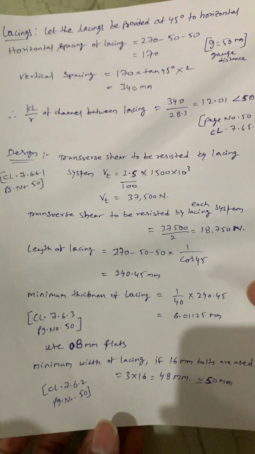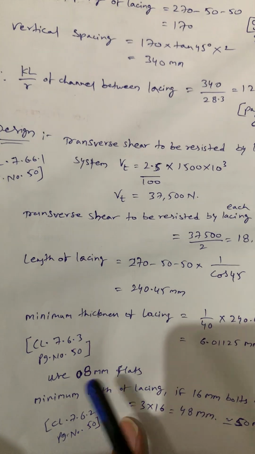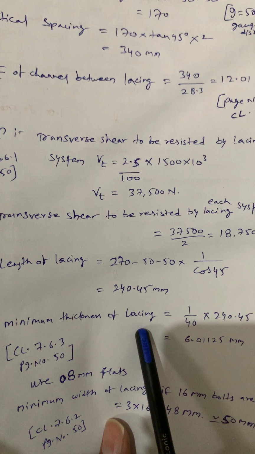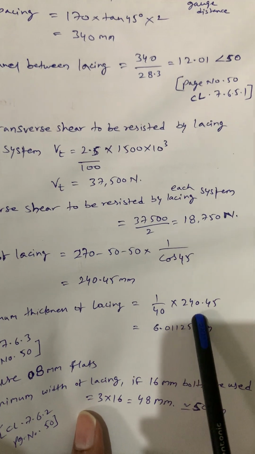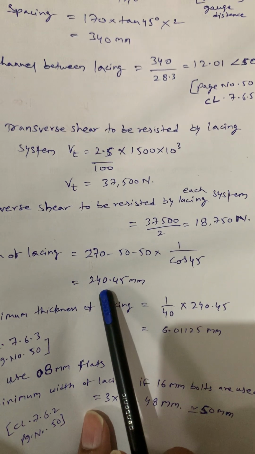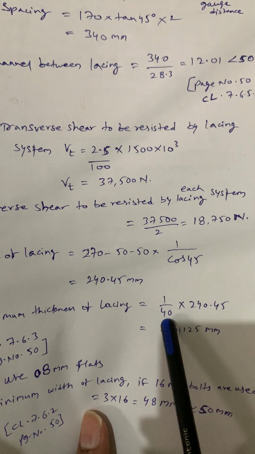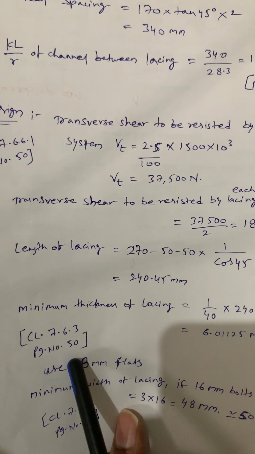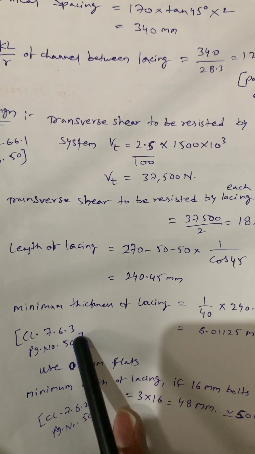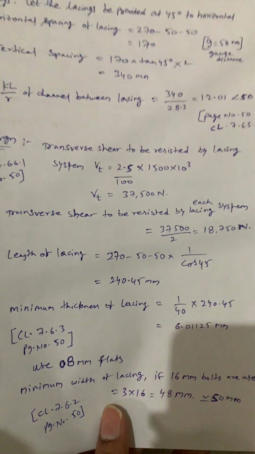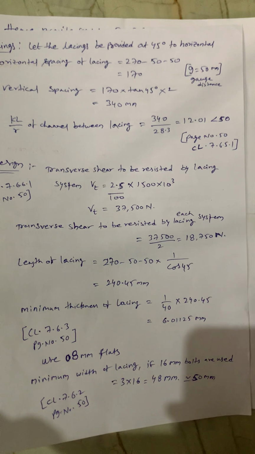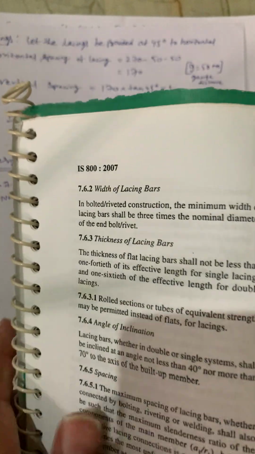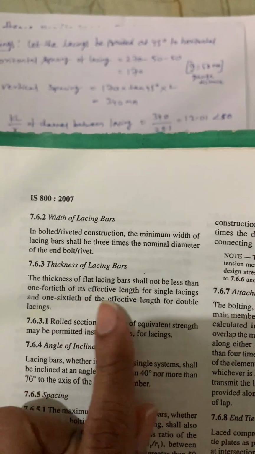Length of the lacing is nothing but length of the lacing flat. And minimum thickness of the lacing we have to provide 1 by 40 into 240.45, that is length of the lacing into 1 by 40. This 1 by 40 is also mentioned in the code book page number 50, 7.6.3. I'll show you. See, so this is the thickness of the lacing member.